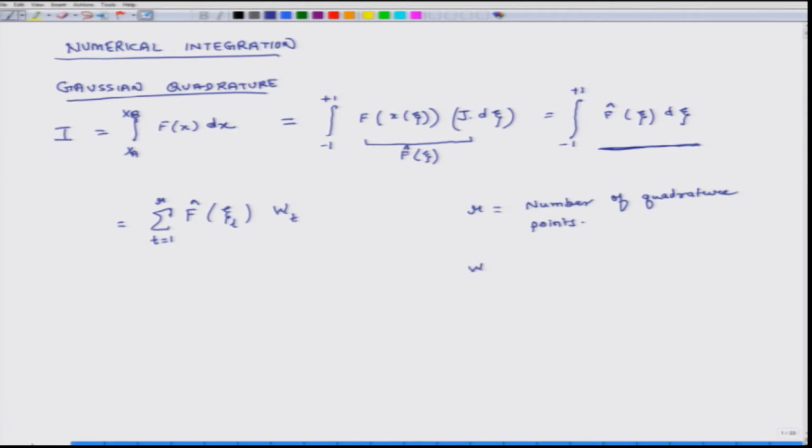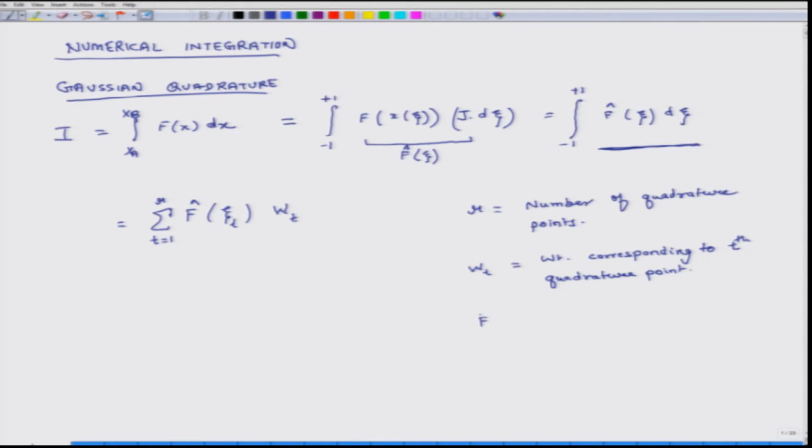W t is the weight corresponding to the tth quadrature point.